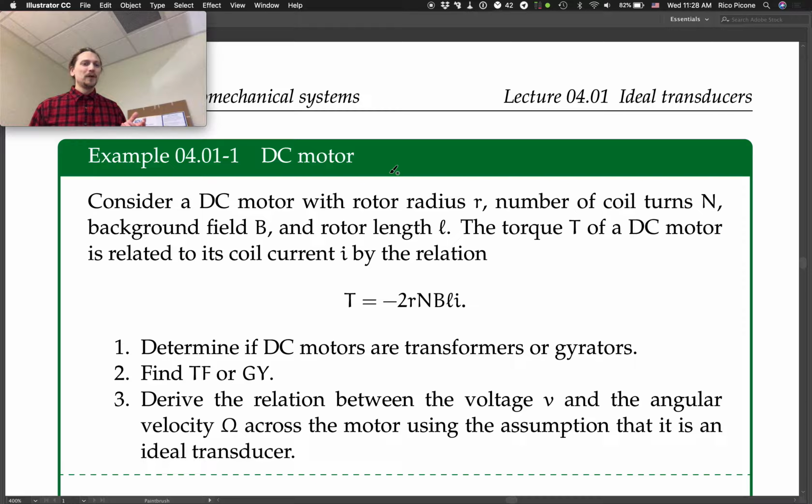For a DC motor, you can model this very well with a pretty simple relationship between torque and current.